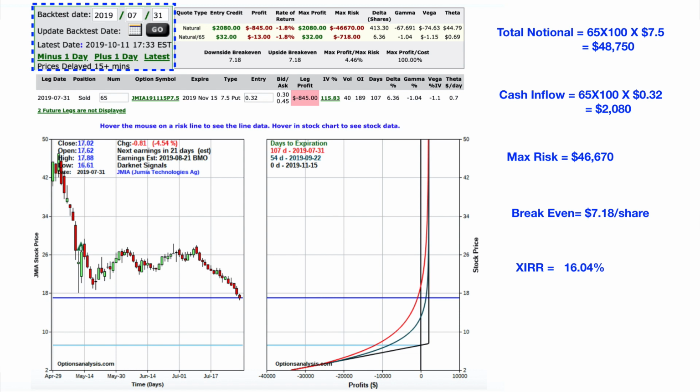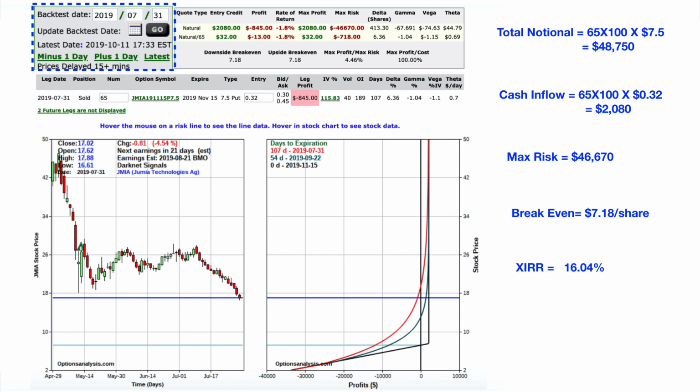Now, at that point of time, the stock price was around $17, and I went ahead and sold 65 contracts of the $7.5 put. But these puts expire in November, which is just next month. Now, at the time of opening the trade, the expiry was 107 days away.